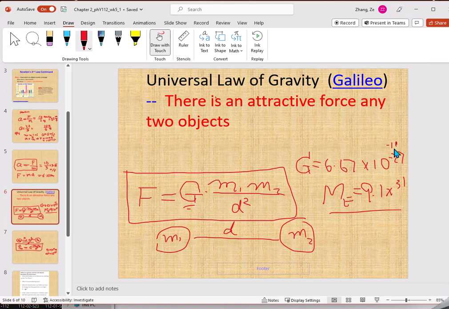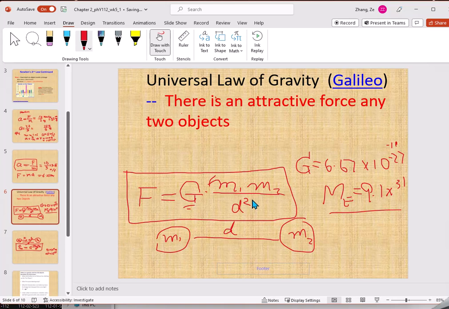If you put in normal objects, like the mass of the table, the mass of the chair, and a distance of 5 meters, 10 feet, and do a calculation, you get some reasonable number from these three. But when we multiply with this constant in front, it becomes negligible. You don't notice it. Then you say, well, Newton played a trick. He said there's a force attracting everything to every object, but if you calculate, it's so small that you don't notice it.